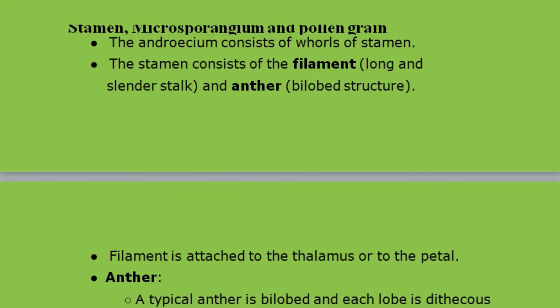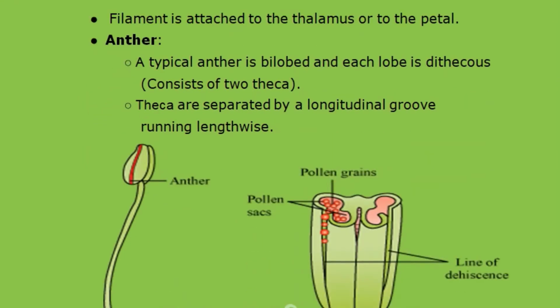First of all, what is a stamen? Already we have discussed that the stamen consists of filament and anther. But the interesting thing is the term bilobed structure. What is the characteristic of the anther? It is a bilobed structure.